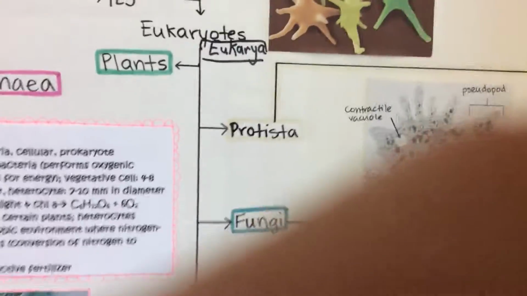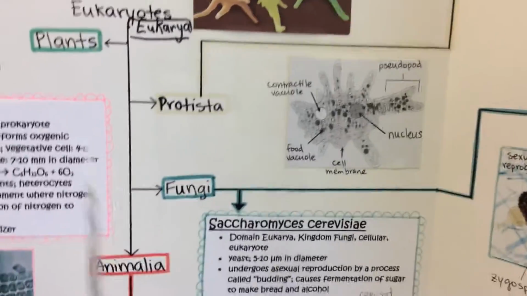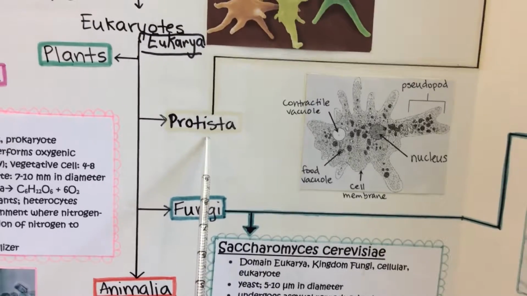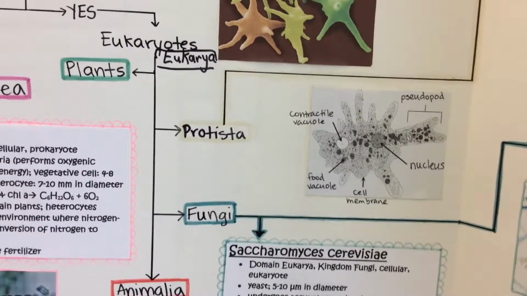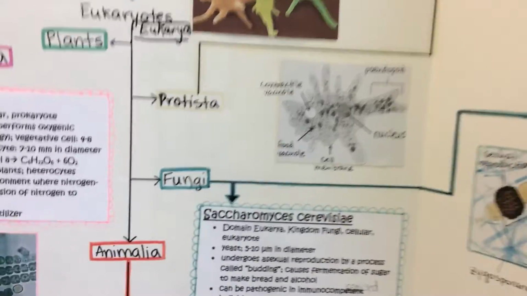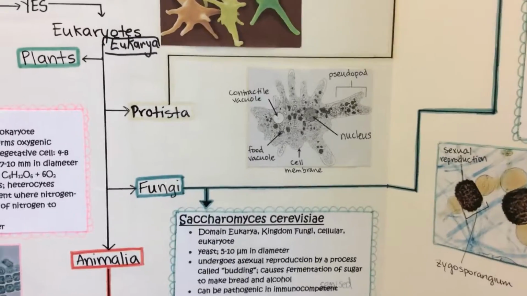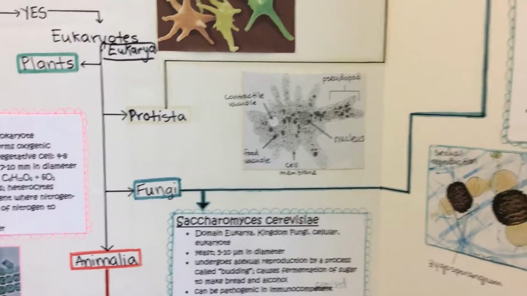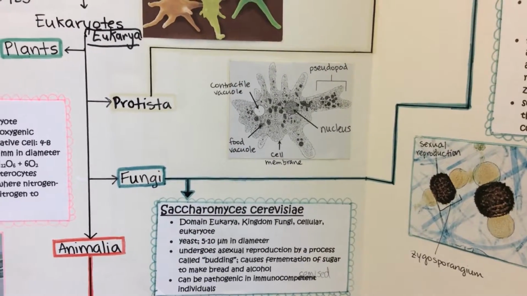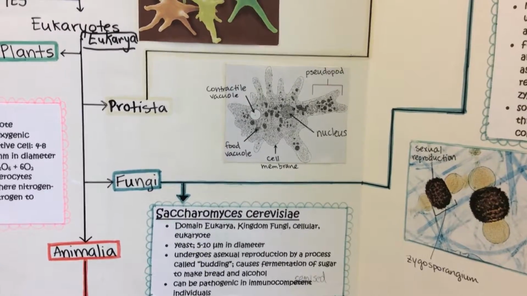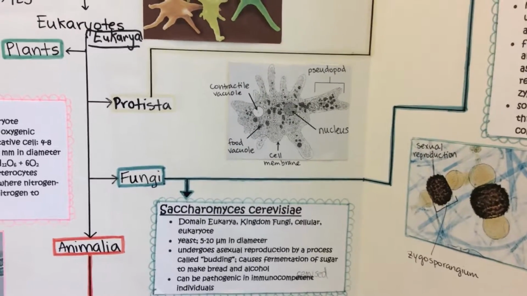All right, and then we will next come to this, which is always a challenge. You might recall that in the old days, there were lots of unicellular eukaryotic microbes that weren't plants, they weren't animals, and nobody knew exactly what to do with them. So they threw them into this catch-all kingdom called Kingdom Protista.